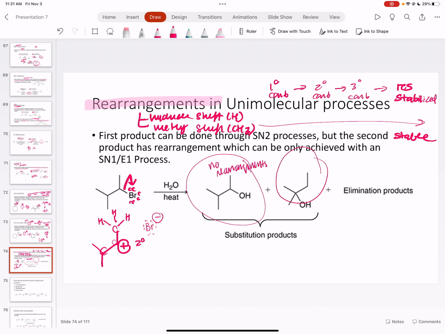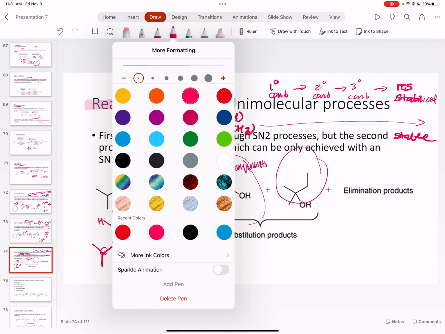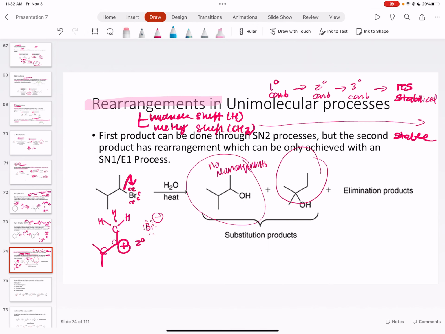So then this one has 3 hydrogens, so if I were to do a hydride shift, meaning if I was going to move one of the hydrogens in there, and then just erasing it, and just putting that one as a positive.